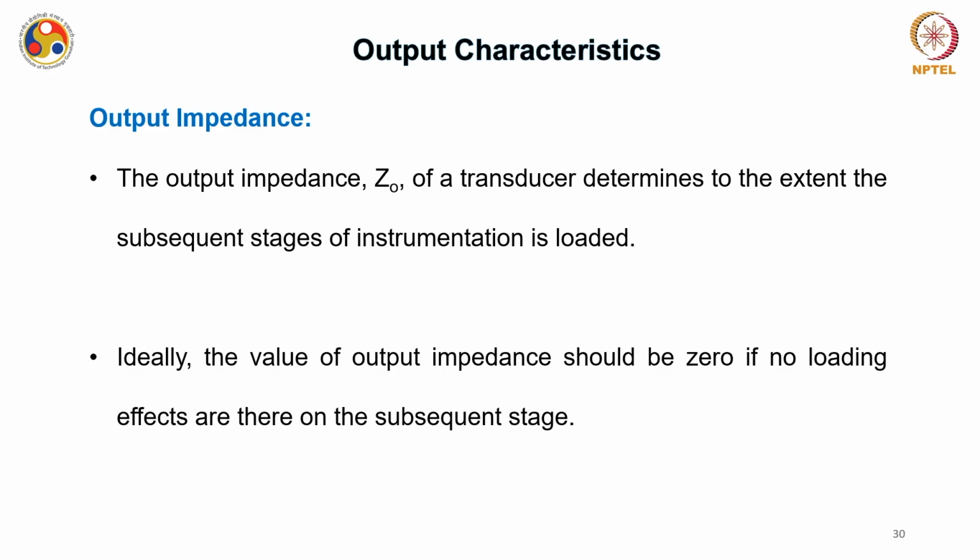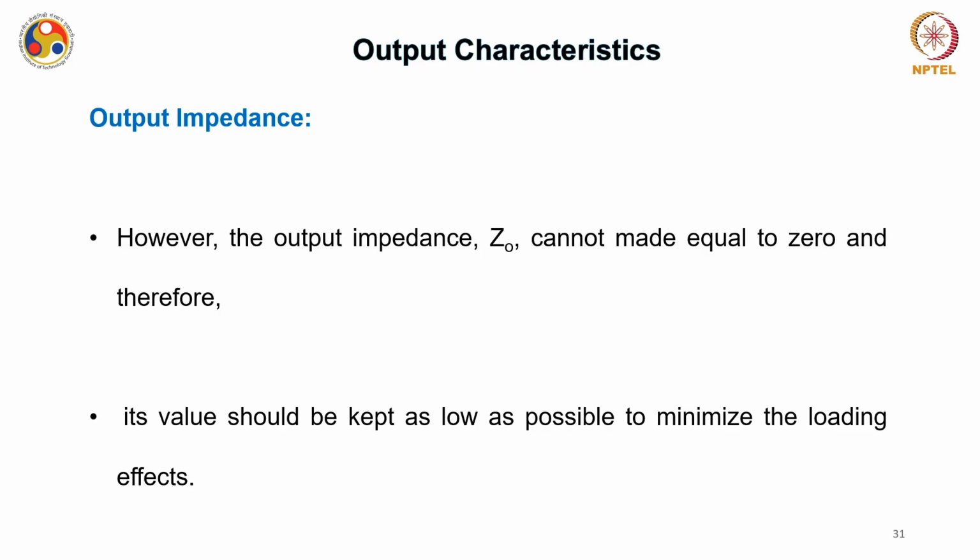Now the second characteristic is the output impedance. The output impedance, usually denoted as Z naught, of a transducer determines the extent to which the subsequent stages of the instrument are loaded. Ideally the value of output impedance should be 0 if there are to be no loading effects on the subsequent stages, but it is not always 0.